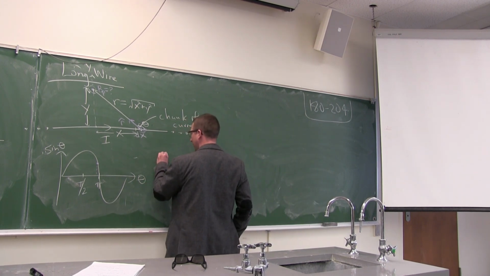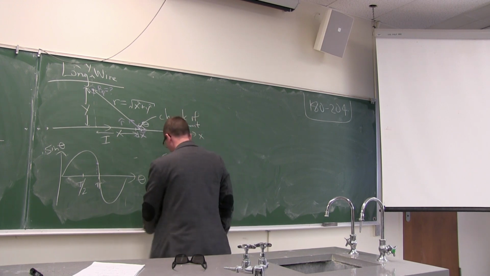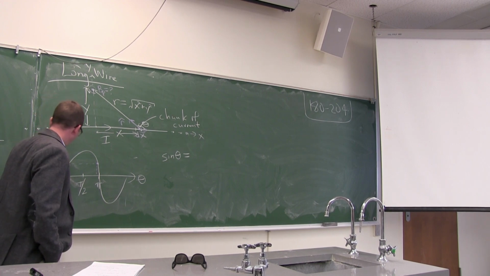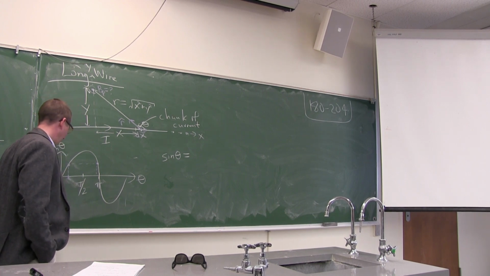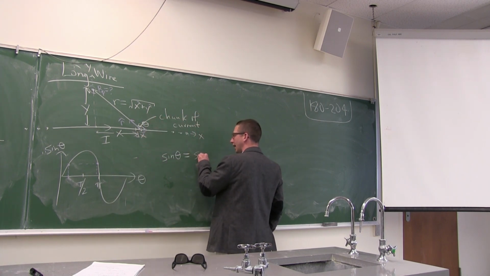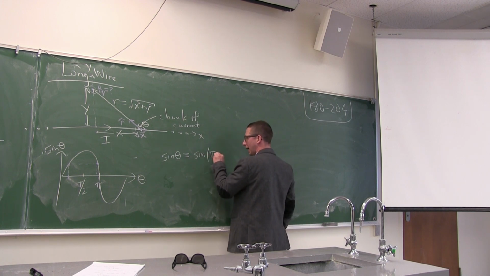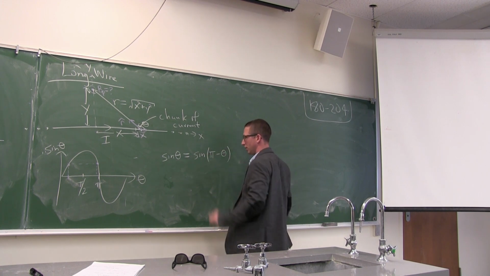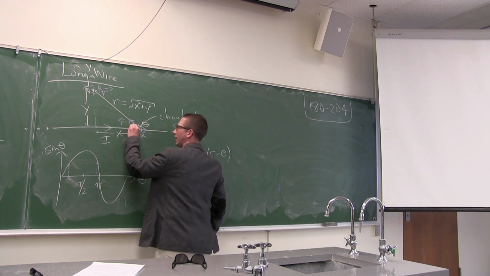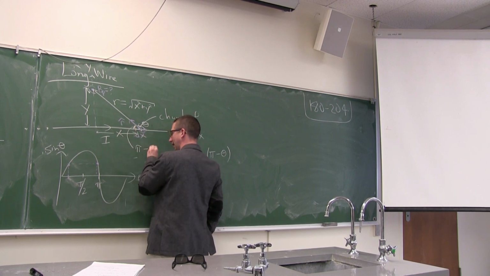So the sine of theta, actually in this case, is going to equal, symmetrically, this point right here. It would equal the sine of pi minus theta. And pi minus theta is this angle right here. So that angle right there is, in fact, pi minus theta.